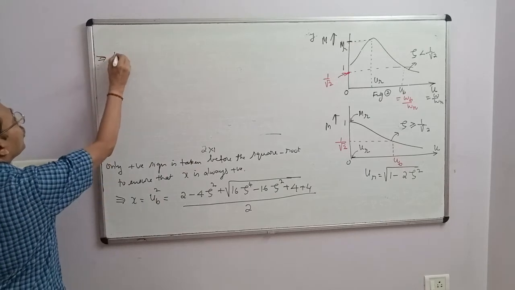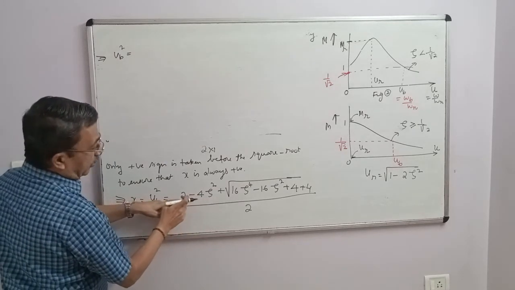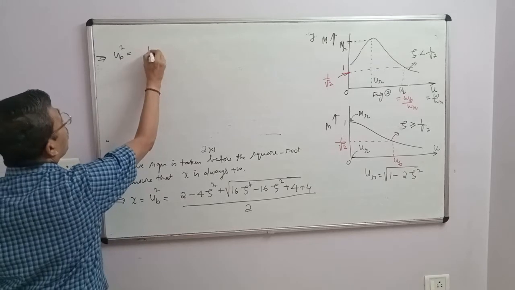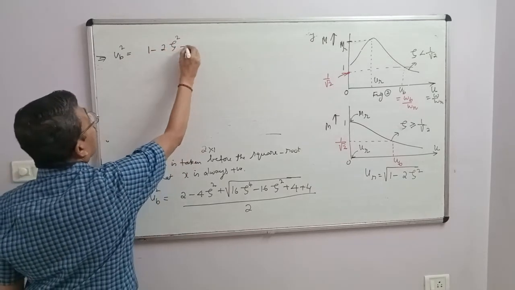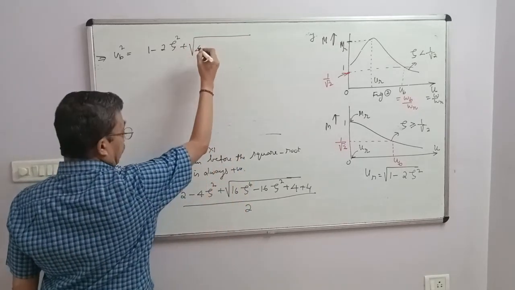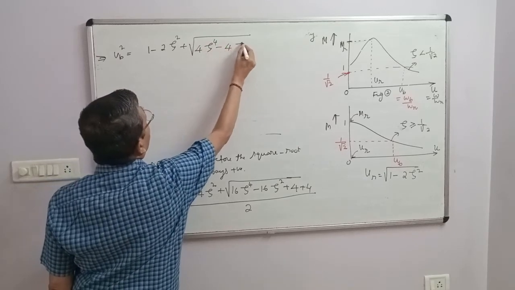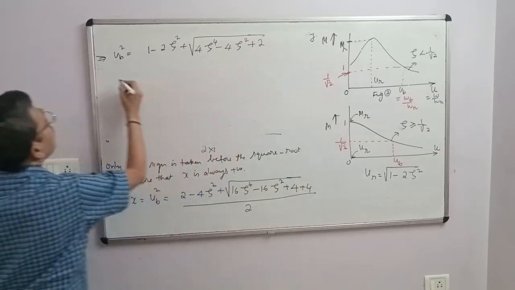This implies ub square is equal to, dividing each element of the numerator by 2, 1 minus 2 zeta square plus square root of 4 zeta to the power 4 minus 4 zeta square plus 2.